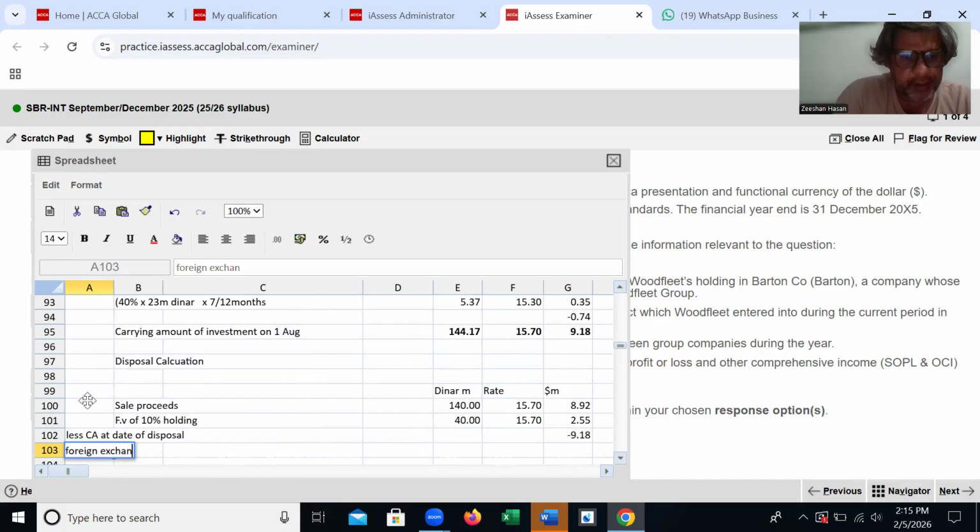Foreign exchange losses reclassified from OCI.